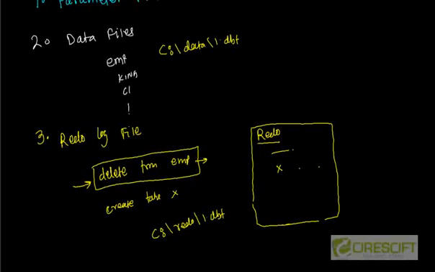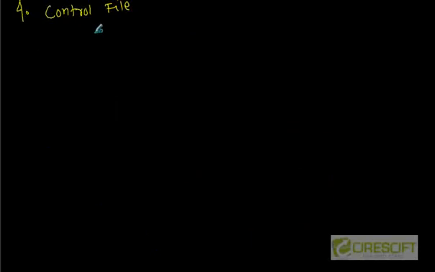In that case the control file will contain all the information about where these data files and redo log files are located. The instance is going to read this control file information to see where those data files are, and open them so that we can add data into them. And this is one of the most important files.